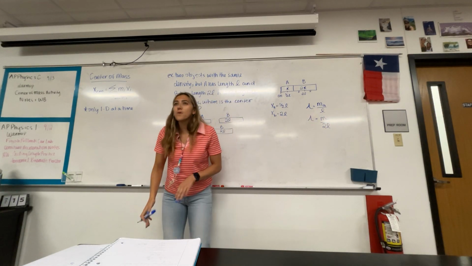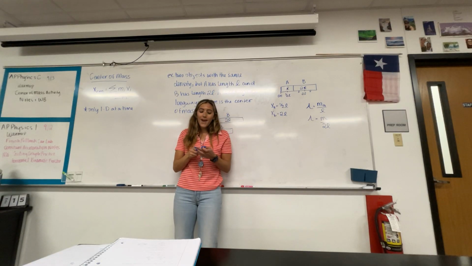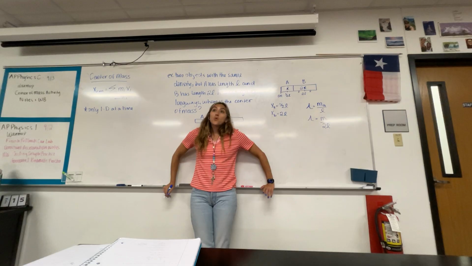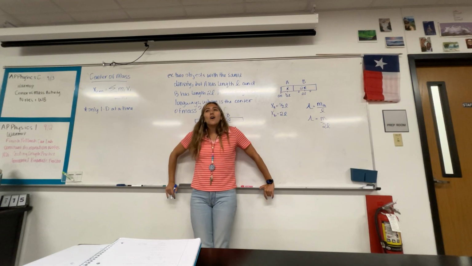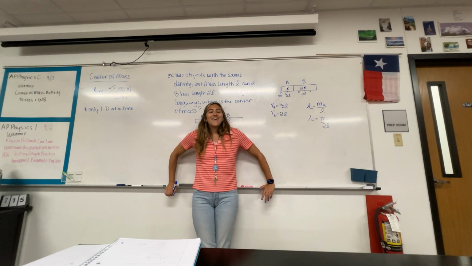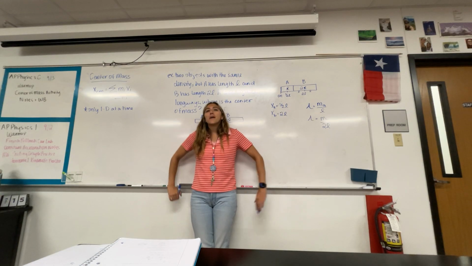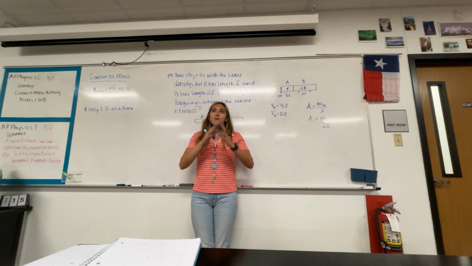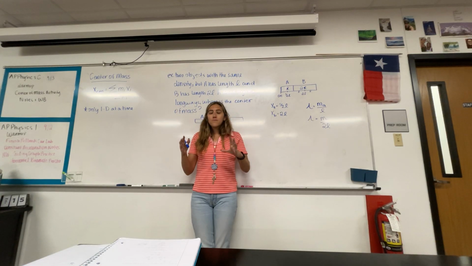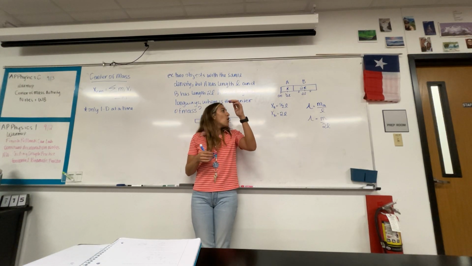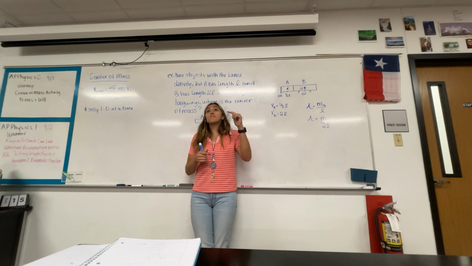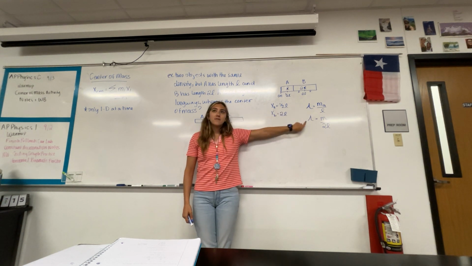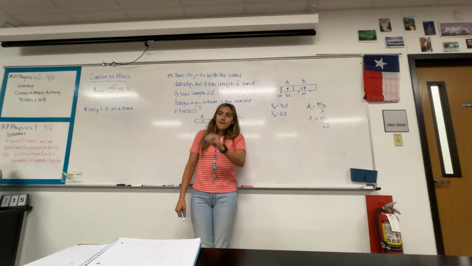Those are equivalent densities. Now, if you're like, whoa, wait a second, density is a rho, a weird P, Ms. Leimer, what are you doing? Also, it's over volume and not length. This is line density. It is not your normal volume density, which would be mass over volume, kilograms per meter cubed. This is line density, which is why it has a different variable. It's a lambda.